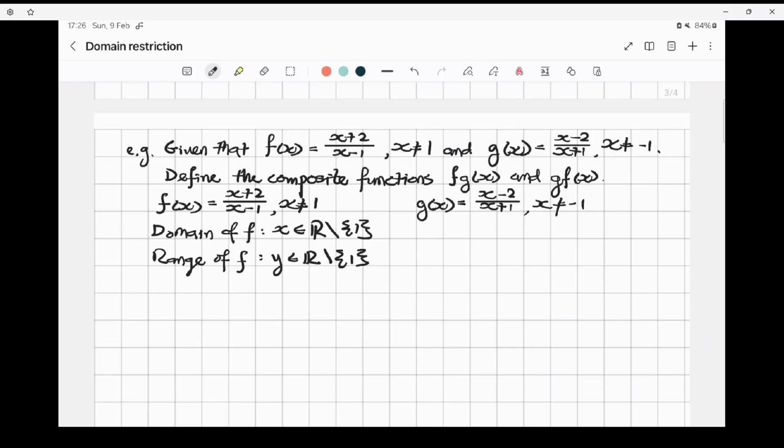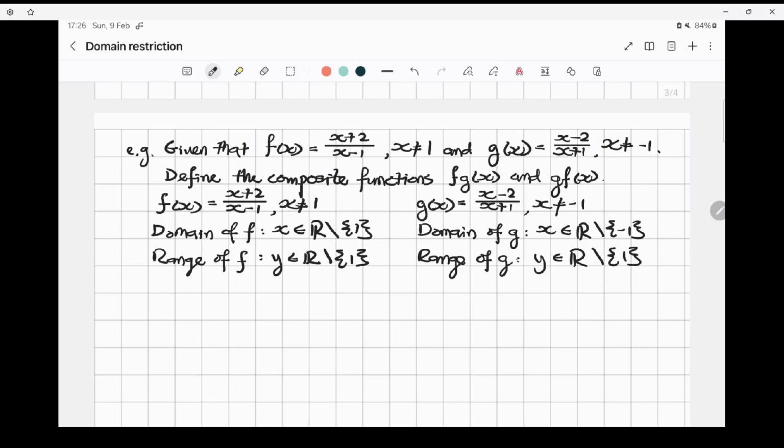For G, the domain of G would be the set of all R excluding -1, whereas the range of G would be, again, I will just give you the horizontal asymptote, y equals to 1.